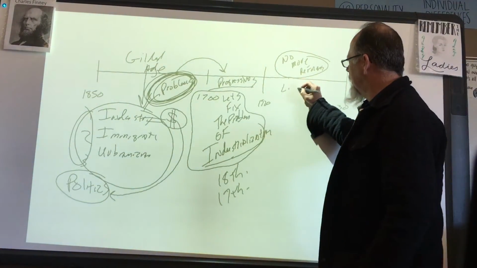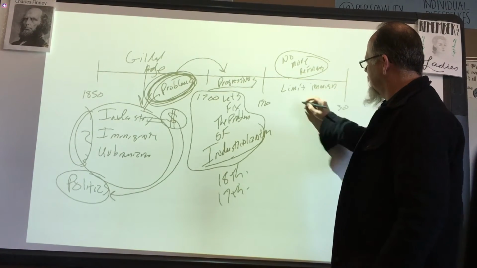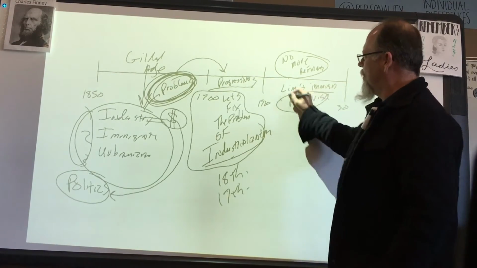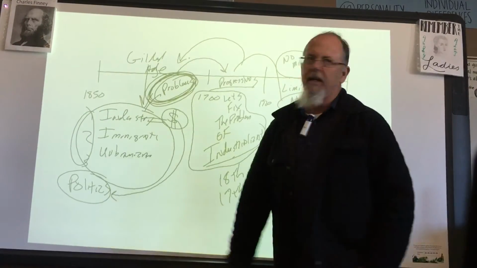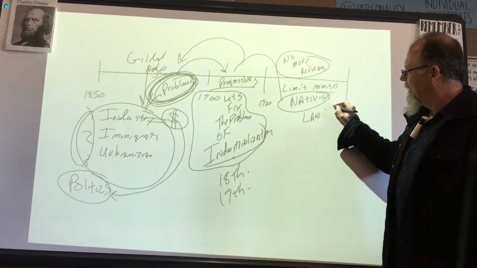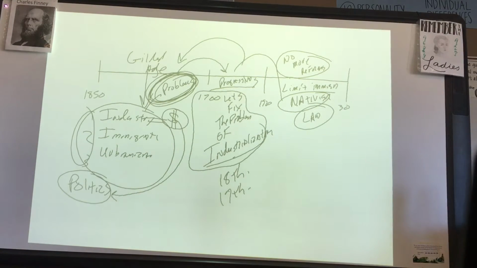That's what they do here. Limit immigration. It's called nativism. Nativism was going on here and here, by the way. It wasn't new, but here we have laws limiting immigration. Again, Muslims were not allowed in this era either.